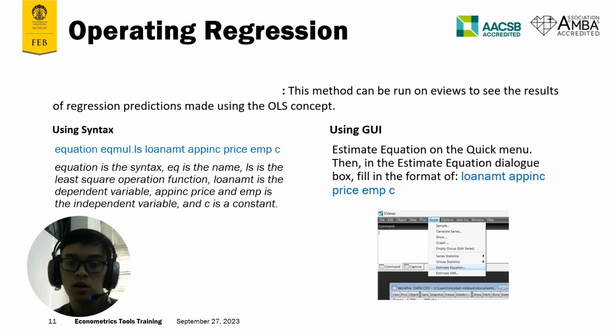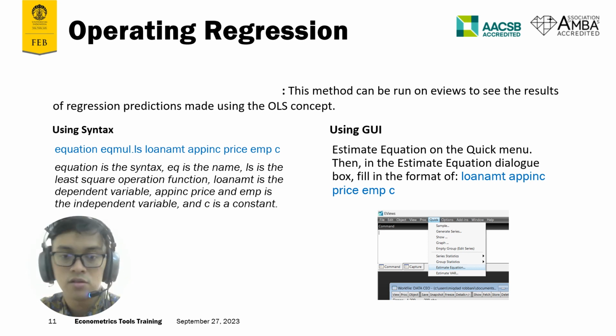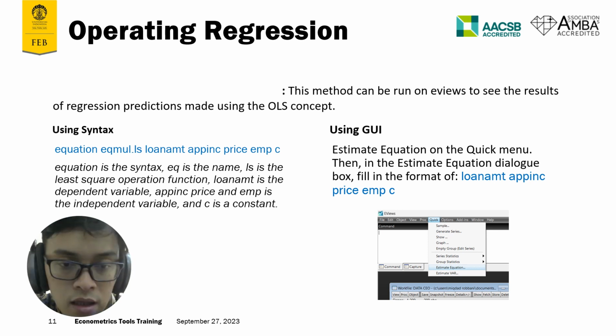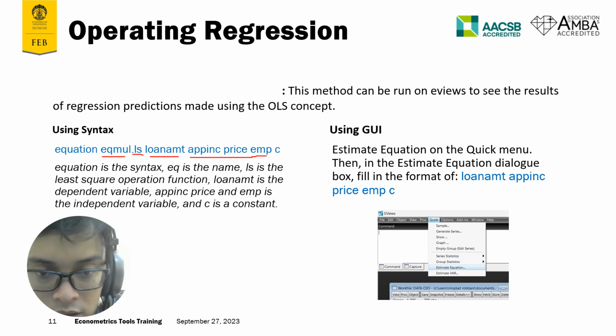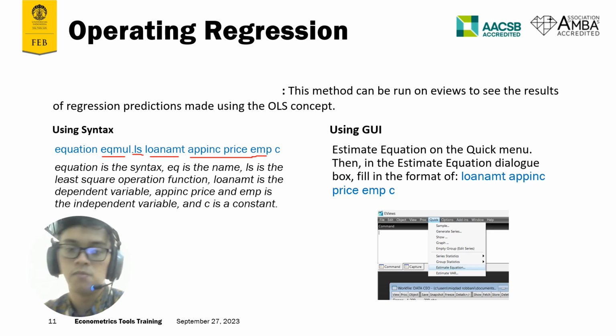We can use the OLS concept, but now the independent variable is not just one variable, but includes three variables, for example here, equation ecmul.ls. Ecmul.ls is the name of the equation that we want to run, and this ls is least squares. The dependent variable is loan amount, and the independent variables are apping, emp, price, and also c.